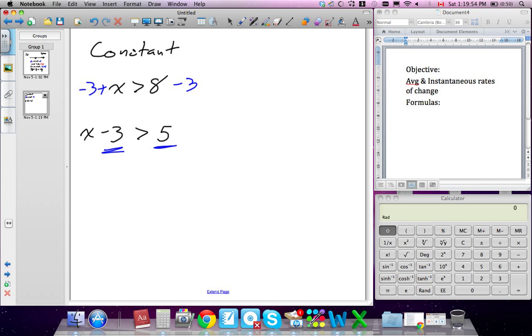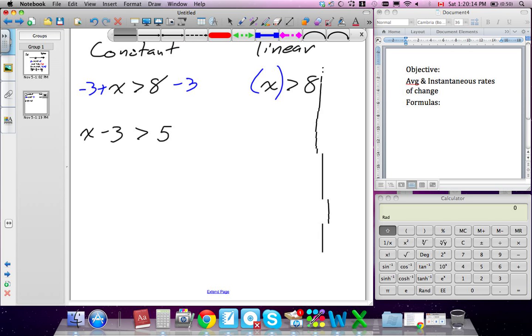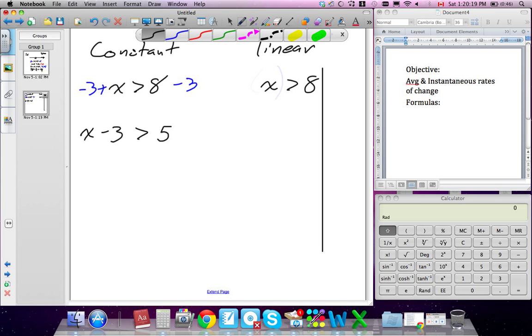While with linear, they may be looking for a variable of x on both sides of the equation. So we still start with x is greater than 8. Now what I can do to the left side is split this, and we'll do it as a little side calculation. I know that x itself is technically equal to, let's say, 5x minus 4x.